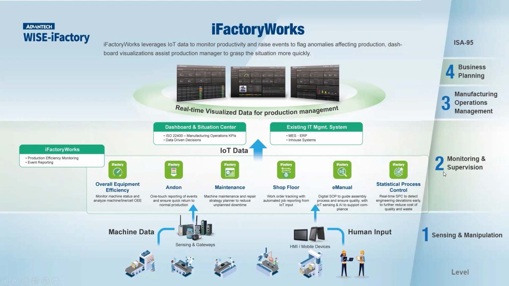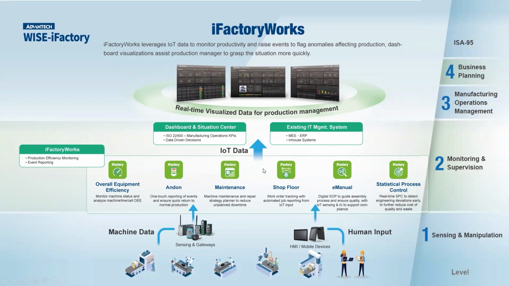For level 2, we have the monitoring and supervision by using our iFactory Works application. There are 6 main applications in this, which are OEE, Andon, maintenance, shop flow, email, and statistical process control, which is SPC.